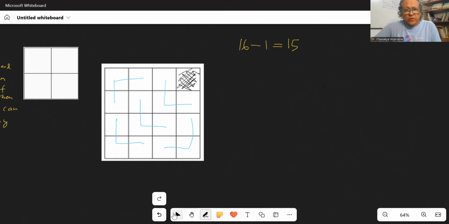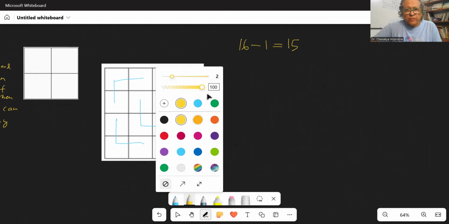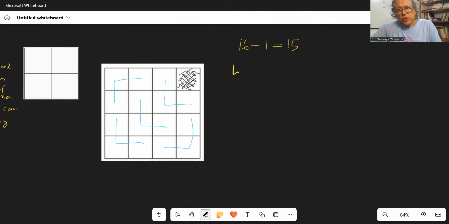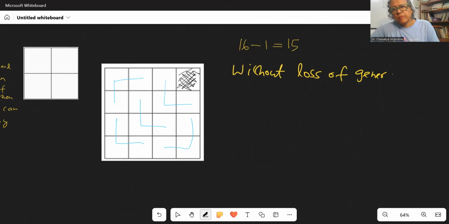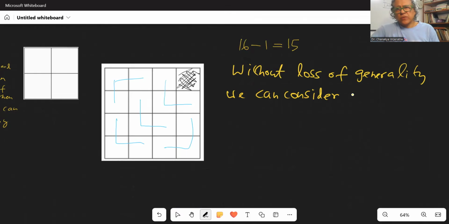So without loss of generality, I'm going to consider only 4 cases. Only the following 4 cases.